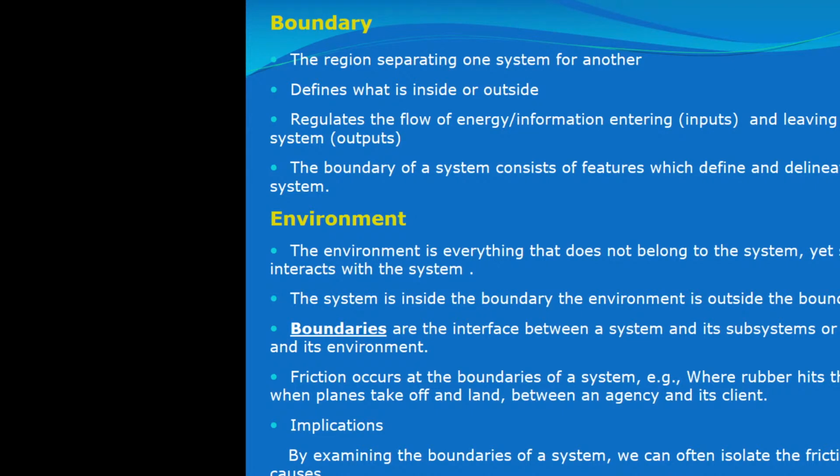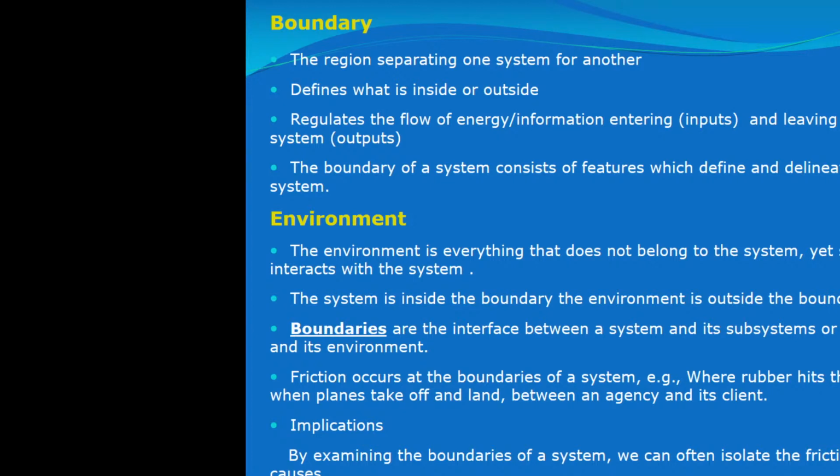Environment. The environment is everything that does not belong to the system yet still interacts with the system. The system is inside the boundary. The environment is outside the boundary. Boundaries are the interface between a system and its subsystems or a system and its environment.